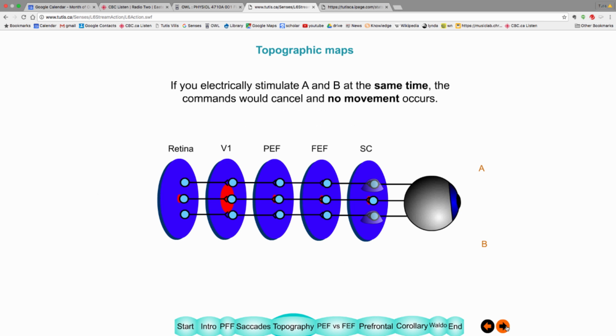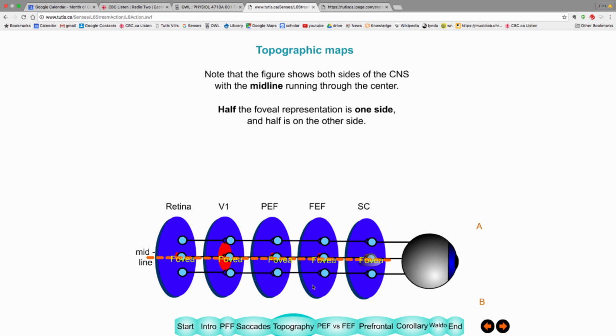If you stimulate both at the same time, the movements cancel each other. Again, to remind you that I've drawn these as one map, but they're on different halves of the brain. So there's a midline that runs through all of them, and half the fovea is represented on one side of the brain, and half the fovea, and the rest of the retina is represented on the other side of the brain.